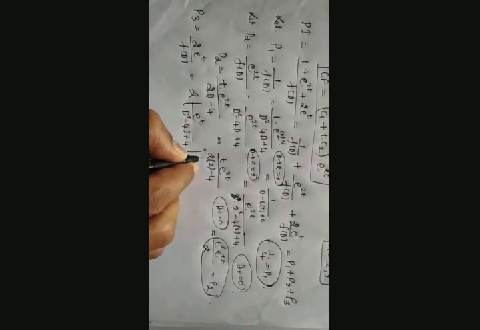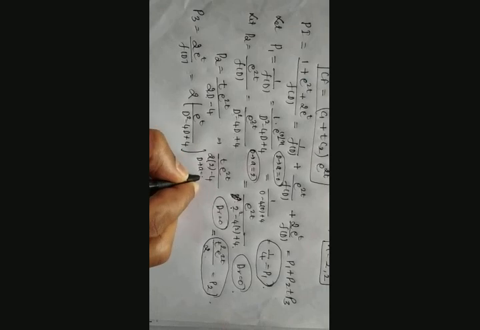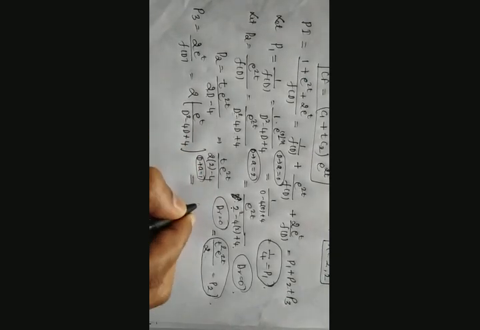What is P3? P3 is 2 times e raised to t divided by f of d. That is equal to 2 into e raised to t divided by d square minus 4d plus 4. Here d is replaced by a, and that a is equal to 1.